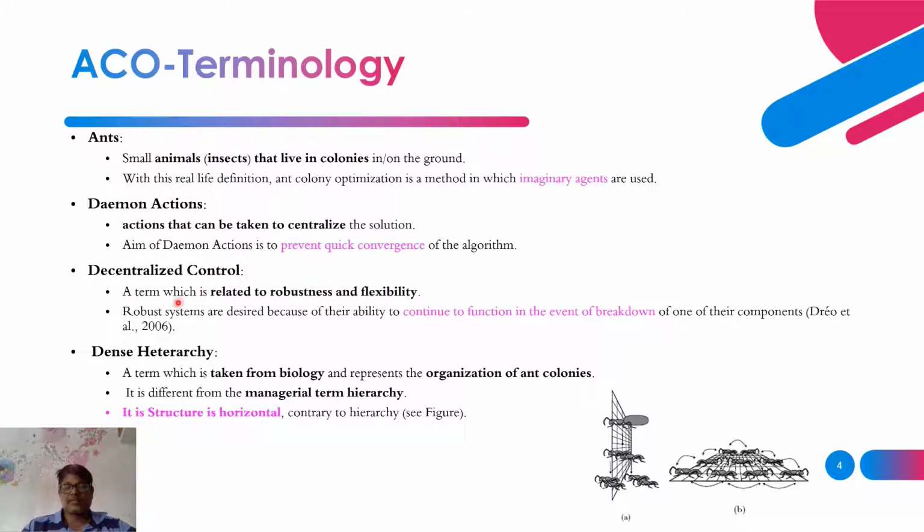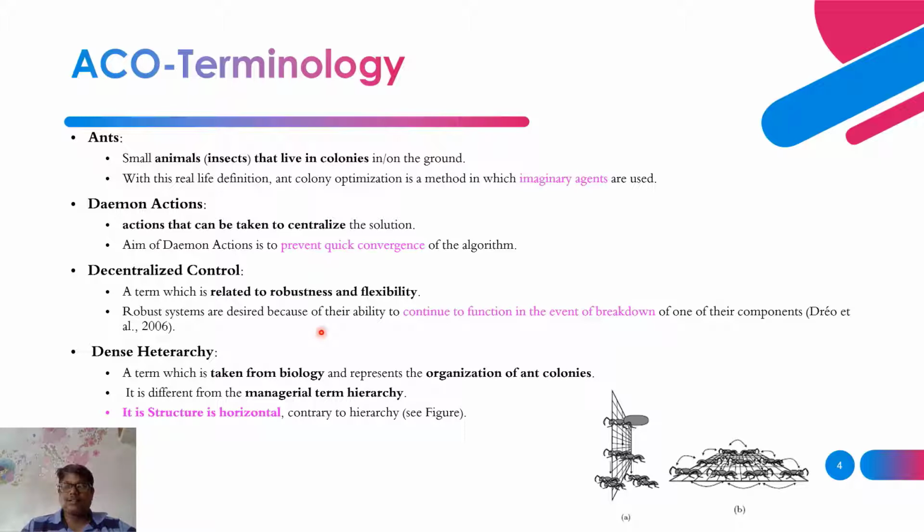Decentralized control. This term is related to robustness and flexibility. Robustness is a very desirable characteristic, because it is the ability to continue functioning even if there is a breakdown of one of the components. We would have witnessed this if one or two ants went missing or led to different places.